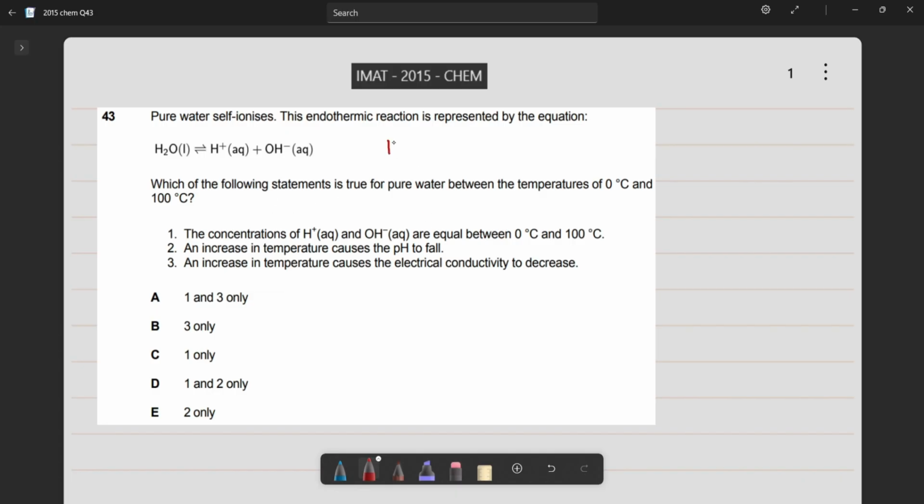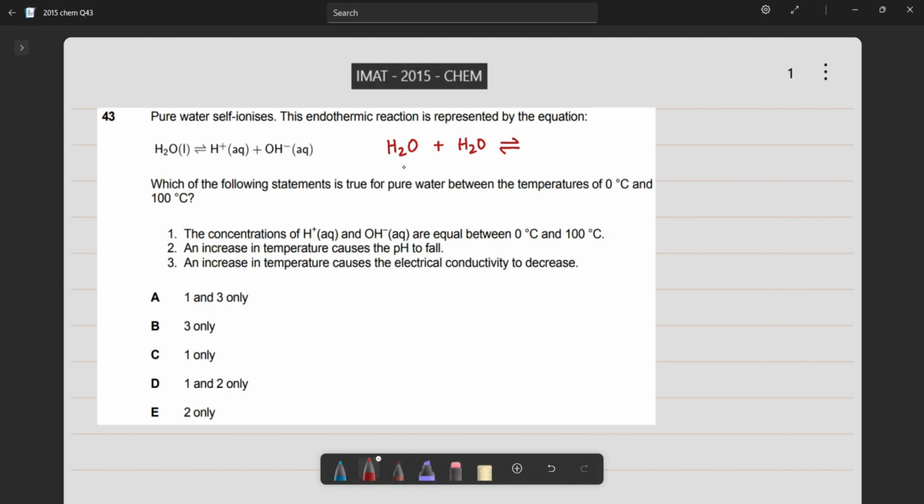Okay, so it's like this. H₂O reacts with other H₂O, which is the same kind of its own species. So we know this reaction is reversible because it's not a strong dissociation. One of the water molecules must act as either an acid or a base.